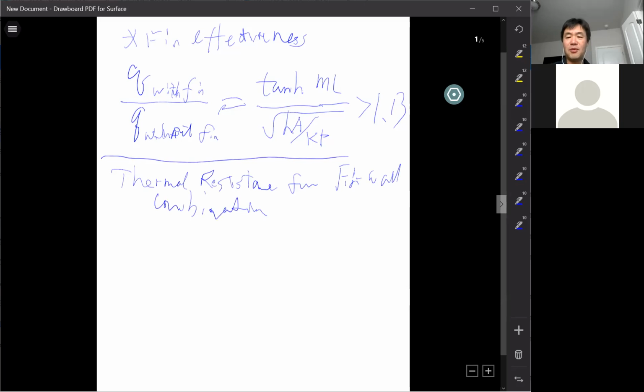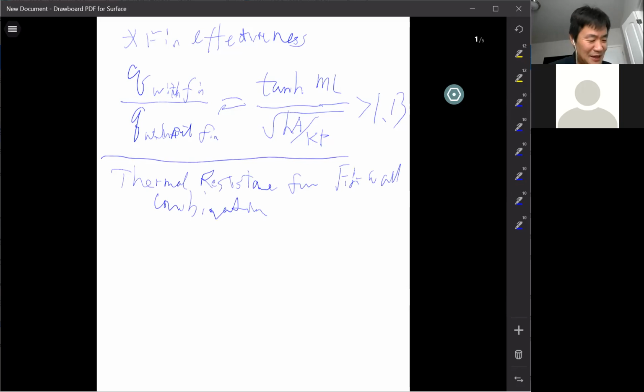Every time I talk about thermal resistance, you might hate it in your heart. Oh, come on, thermal resistance again, something new. No, you should appreciate thermal resistance. Every time you see something like thermal resistance, that means you're trying to make your calculation life easier.